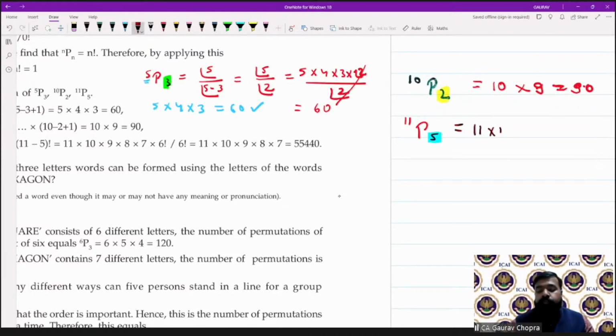So 11, 10, 9, 8, 7. Multiply and get the result. So it is 55440. Okay, so this is the easiest way which you can use.